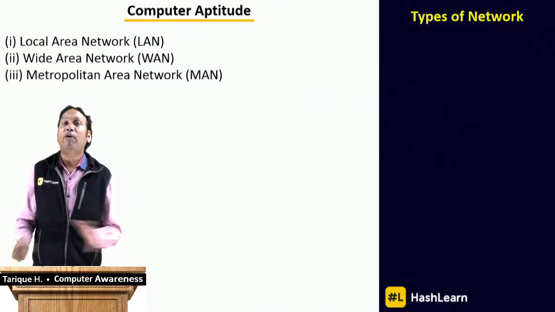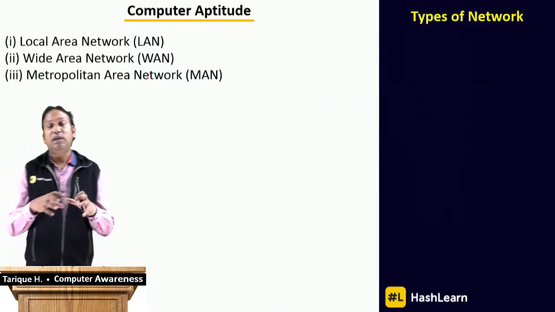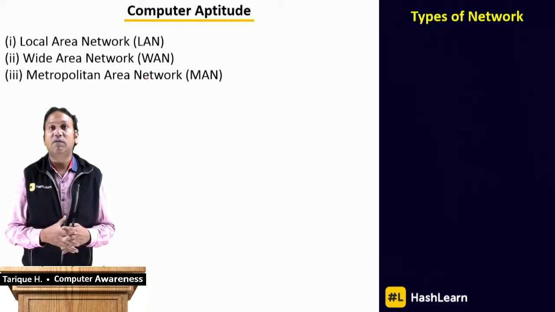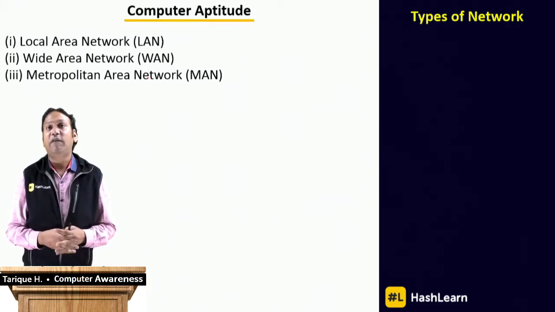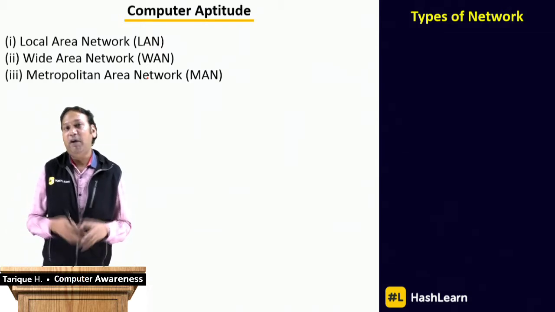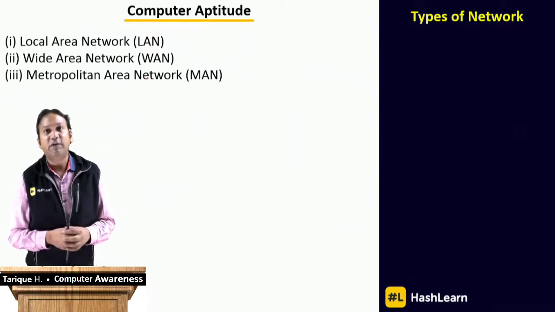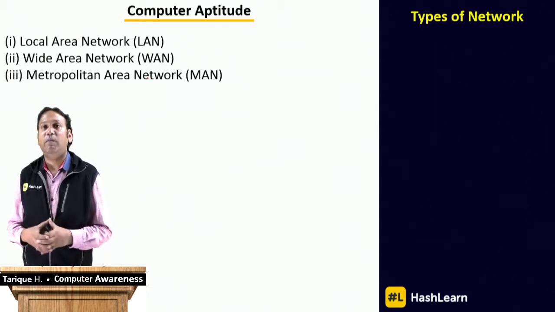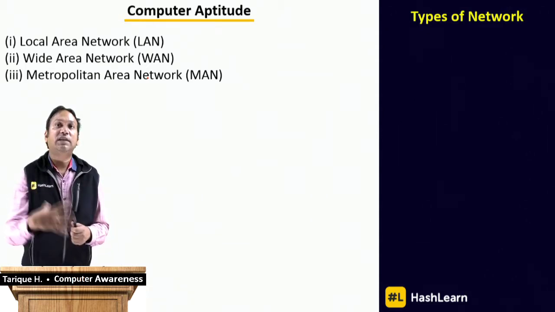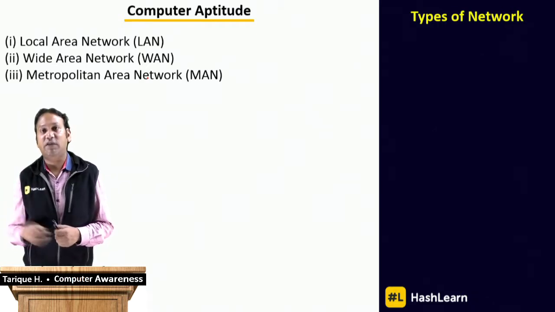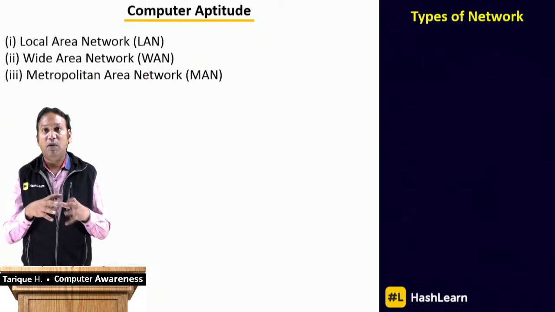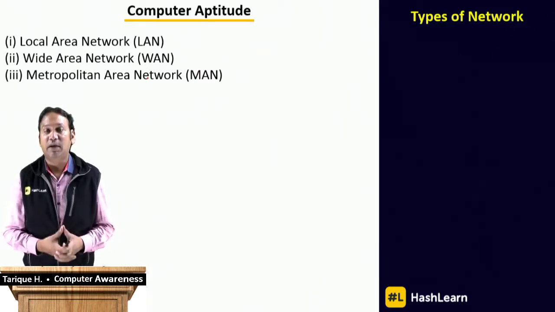Third is the metropolitan area network. This is between LAN and WAN. So it is bigger than LAN in terms of geographical area and smaller than WAN. What could be an example of a metropolitan area network? Let's say, for example, in a city like Bangalore or Mumbai or Delhi, there is a particular company which has 5-6 branches in 5-6 different areas of the city, and in each of these branches they have computers and they want these computers to share information among each other.